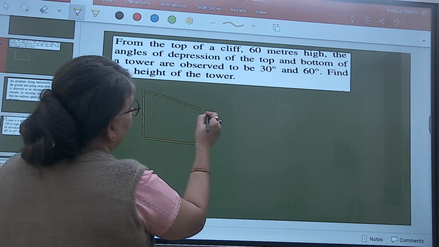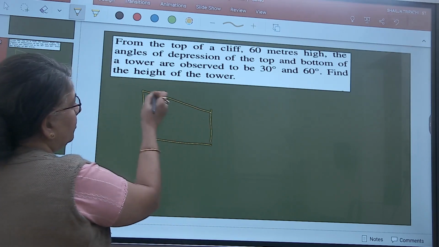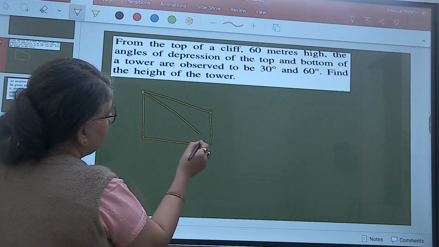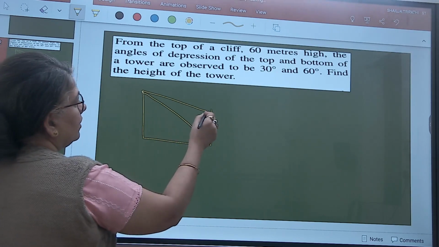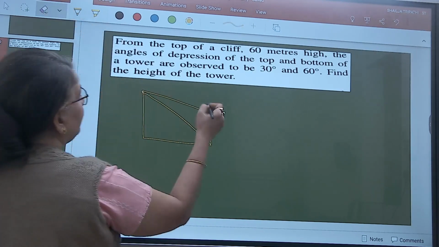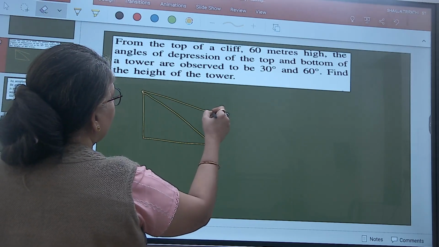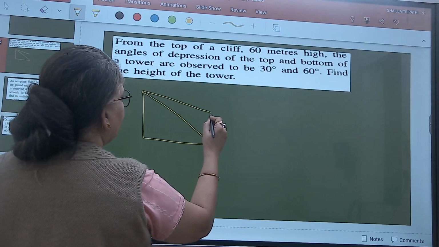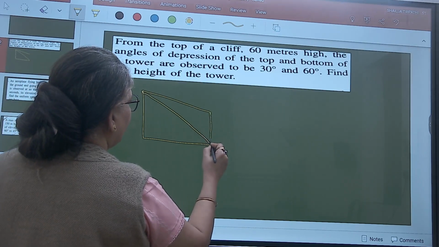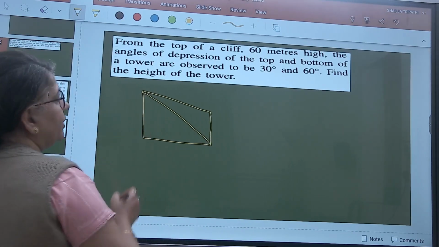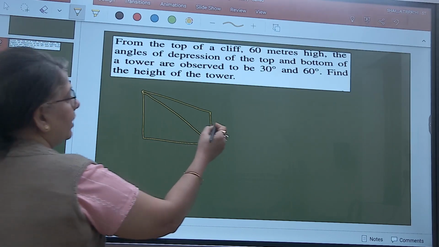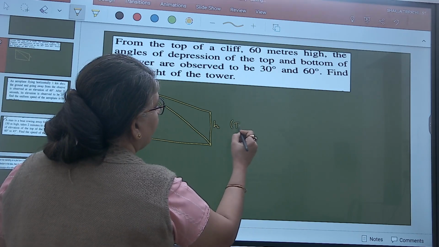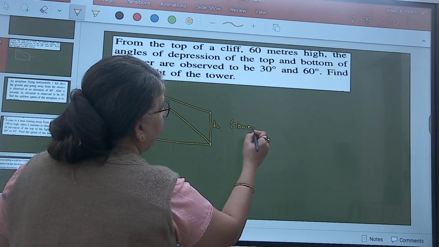See, the tower is being observed from the top. So this is the cliff, which is 60-meter high, and let the height of the tower be h.